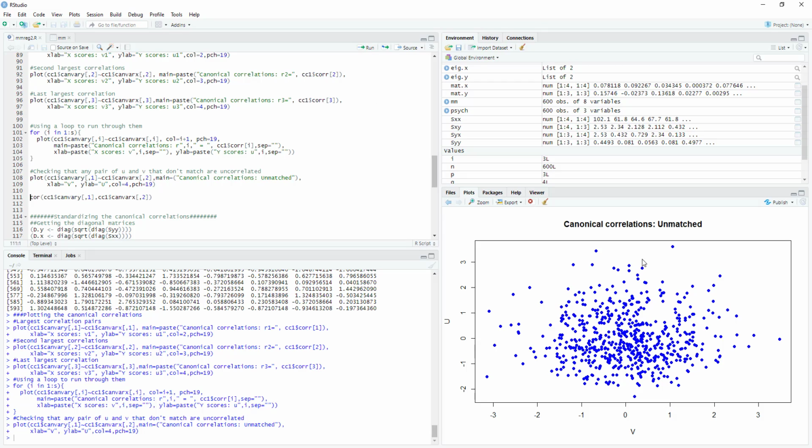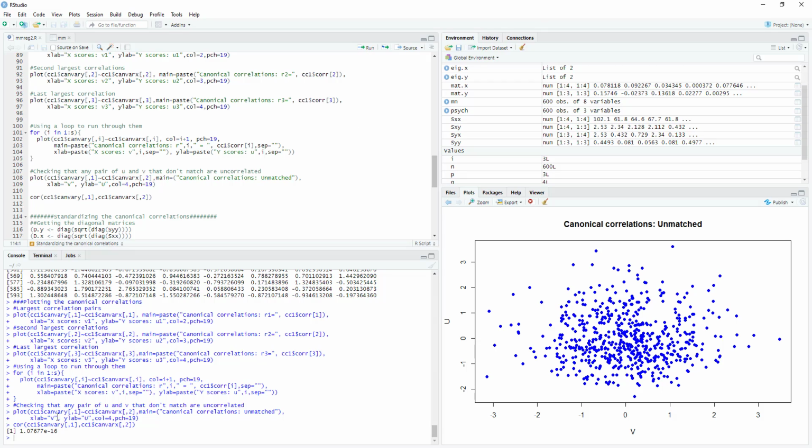If we run our scatter plot, that's what it appears to look like. No strong association between u1 with v2, and if we calculate the correlation between the two, we get computationally 0. So a nice tool you can use with these canonical correlations is reducing the dimension of your data to see how closely related your variables are.